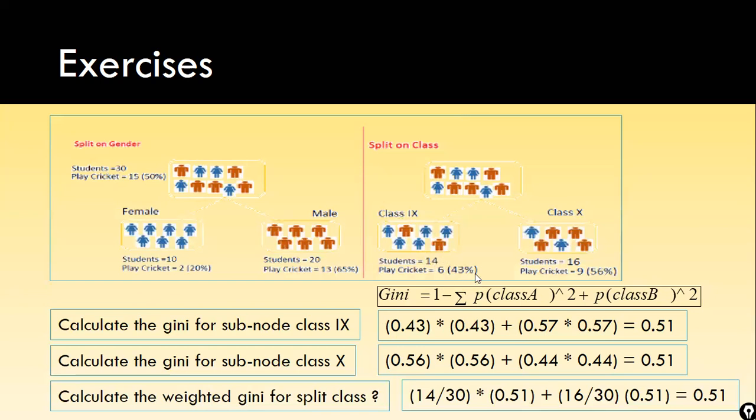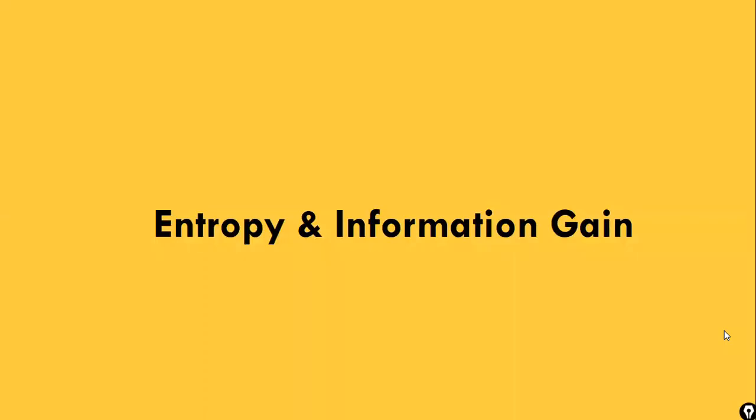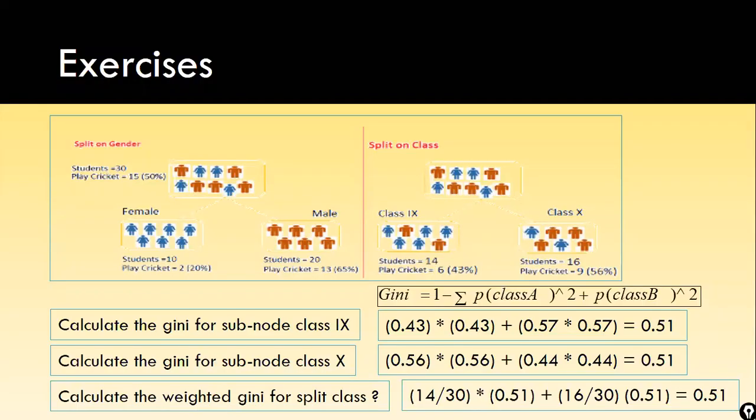So 43% of students play cricket in class 9, which means the remaining 57% don't play cricket. And the same thing here: 56% of students play cricket, and the remaining 44% don't. So there are two classes, play yes or no. In these two, you will get 0.5 and something here. Whichever node has the higher Gini value will undergo the split first.